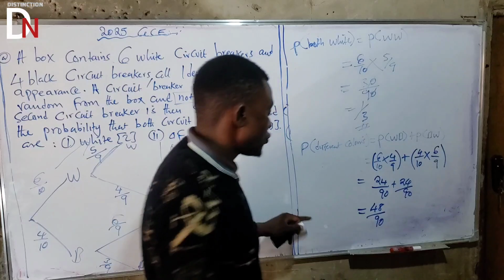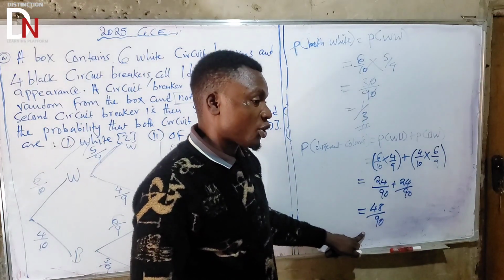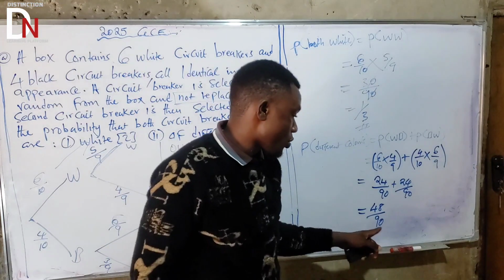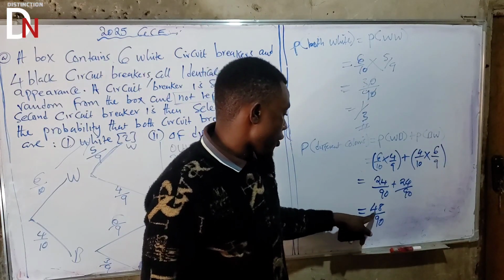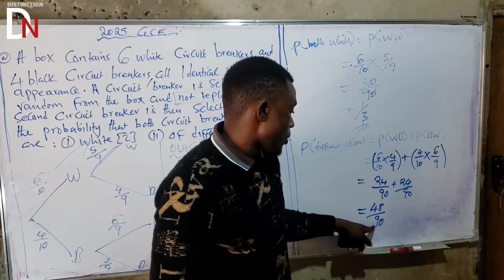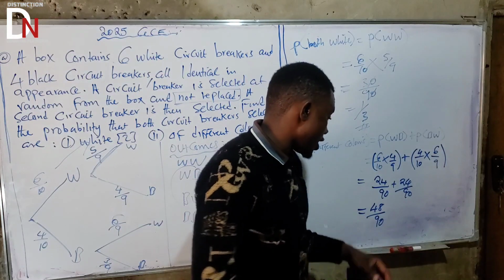So when you reach here, it's just a matter of using a calculator, or you look for a number which can go into both 48 and 90 without leaving a remainder, which is basically their highest common factor.